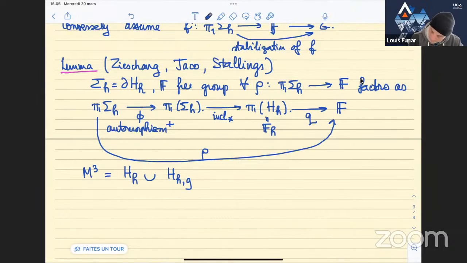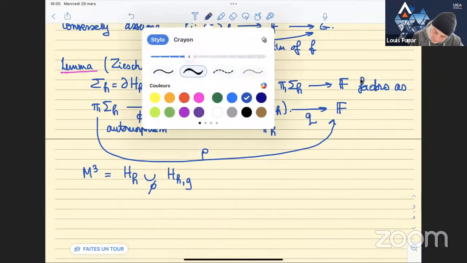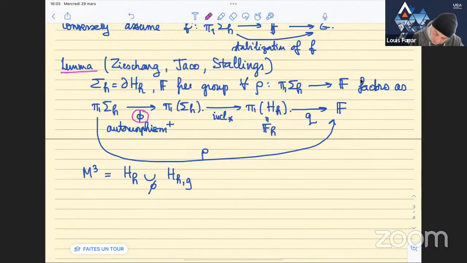You just add the handles as you like, and now I'm identifying them using the automorphism phi, which is the same as the phi arising up here. Okay, that's the same. If you really want to be careful, I have to put the opposite orientation in order to make sense when phi is preserving orientation. If not, everything is switched.